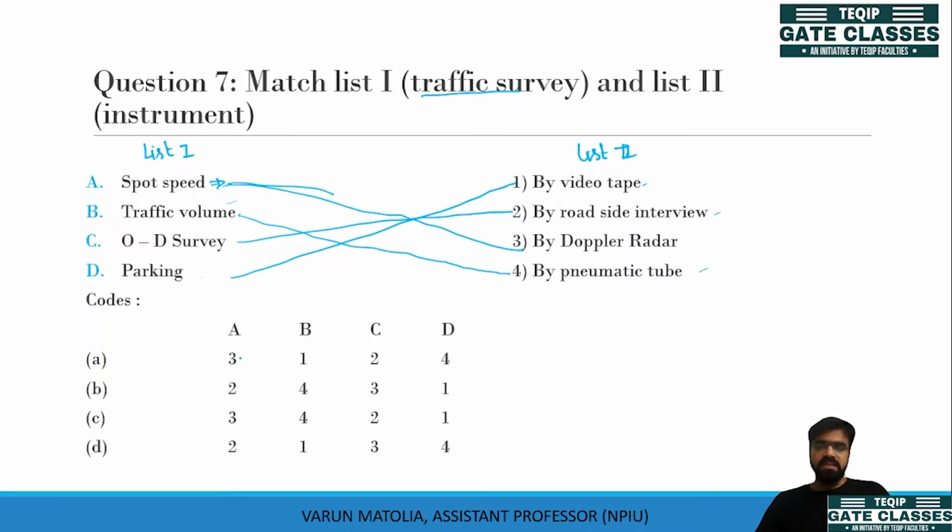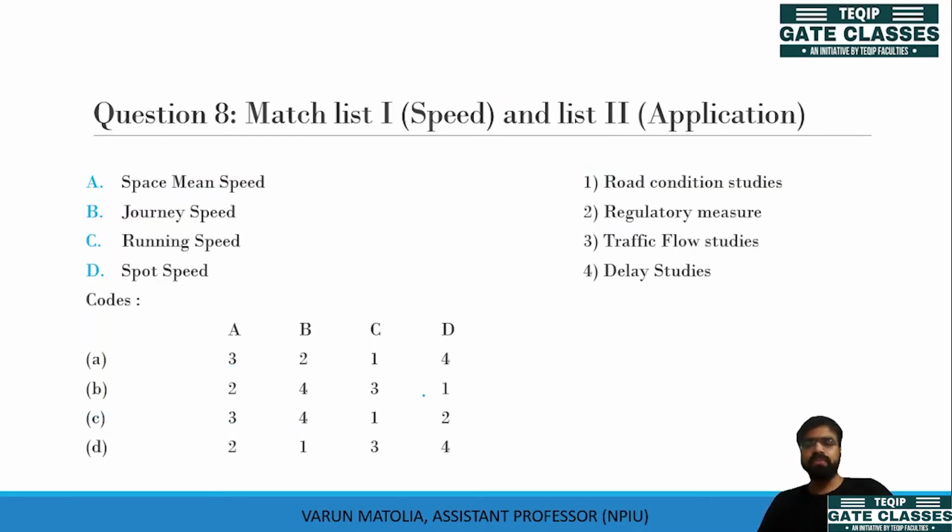For A it is 3, these two options can be correct. For B it is 4, so this option is correct. C it is 2, so this is correct. For D it is 1, this is correct. So for option C, all the list 1 items are matched with list 2 items. Let us move on to the next question.